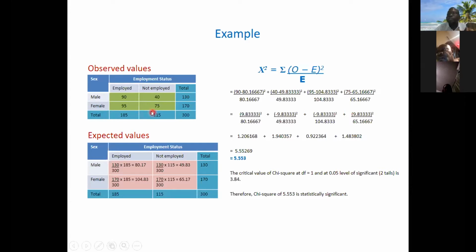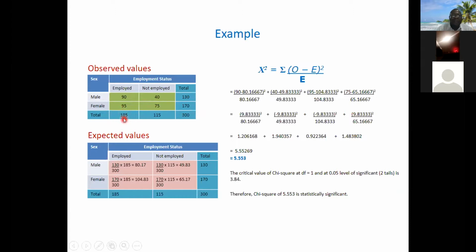What does expected value mean? Look at this example where we have 300 people, 130 male and 170 female. You add them, it's 300. Or 185 employed, 115 not employed. You add them, it's 300. Those are the totals. Then how are they distributed? This is 4 cells. 90 males are employed, 95 females are employed.